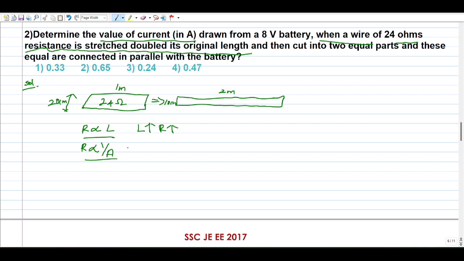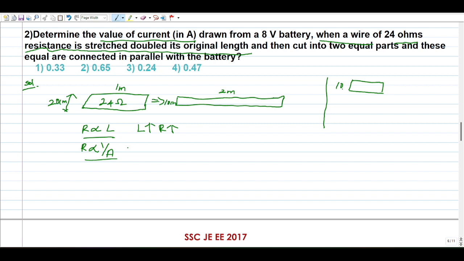Now the width of the conductor is reduced from 20 centimeter to 10 centimeter. We know that the resistance and the area are inversely proportional. So when this area is reduced, its resistance value is also doubled.